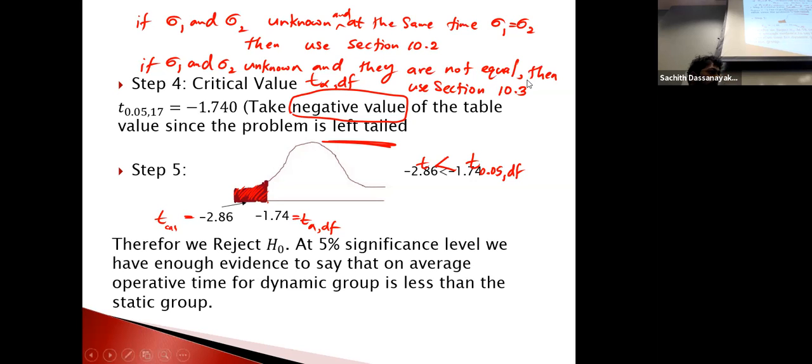Actually there is another section, 10.4, but I believe we don't need to go over 10.4. I'm not sure whether we have homework questions from 10.4.